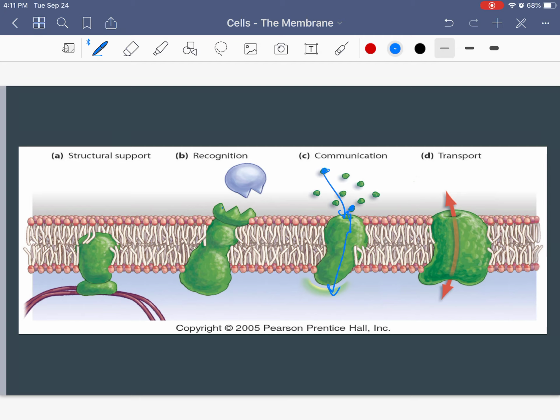So maybe I need more water in the cell, or more sodium ions in the cell, and it will go through channels. Typically, the materials moving through channels are either charged, so they can't go directly through the cell membrane, or too big to go through the cell membrane, like glucose. Glucose is way too big to fit through that cell membrane.